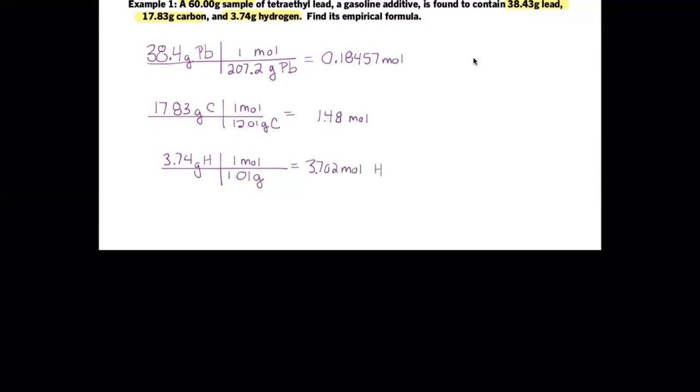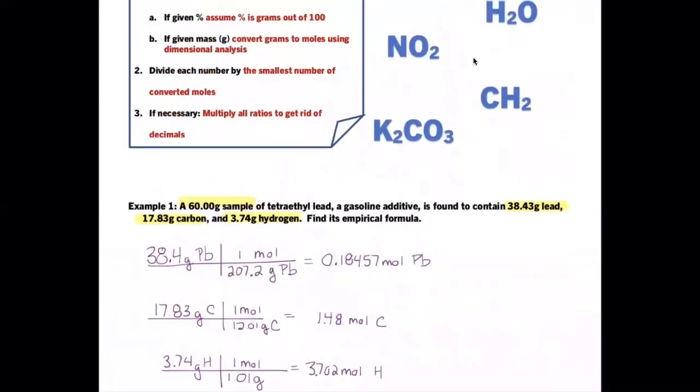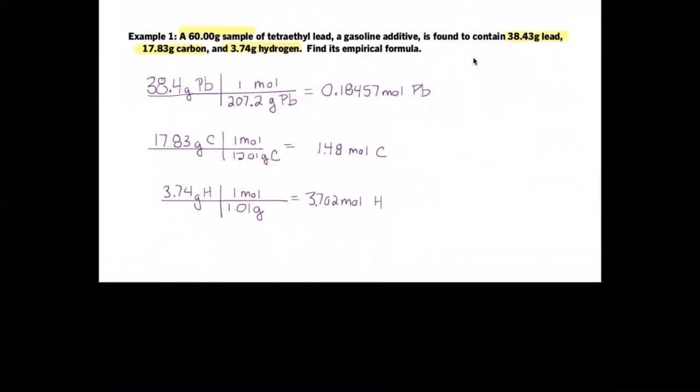Looking at them and going back to my steps here, this was the first step. I converted everything to mole. The next step then tells me I'm going to divide by the smallest number of moles that I calculated. The goal here is to identify the smallest. So between lead, carbon, and hydrogen, I can see that this is my smallest.